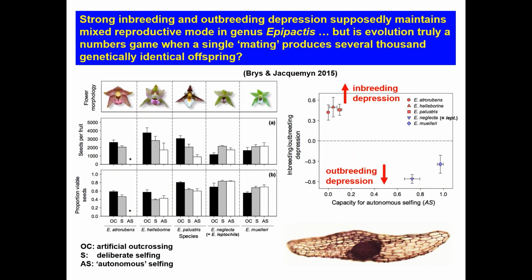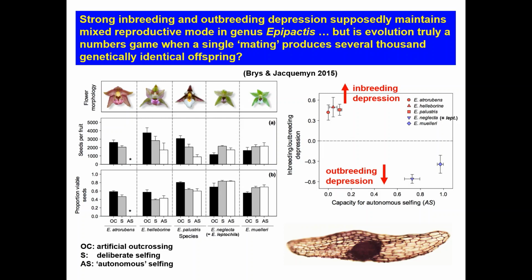And you can actually take this kind of experimentation further by bringing some of these species into cultivation and deliberately either cross-fertilizing or self-fertilizing the flowers. And when this was done by some of my Belgian colleagues for 5 species here, 3 of which are cross-pollinating, 2 of which supposedly self-pollinating, they found that there was no meaningful difference in the proportion of viable seeds in the different fruit.